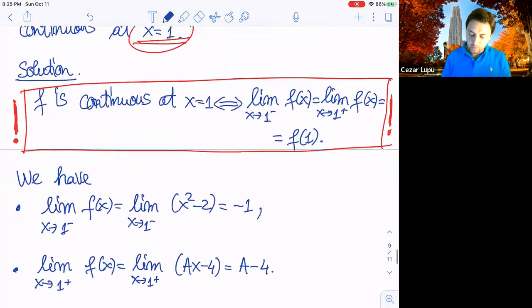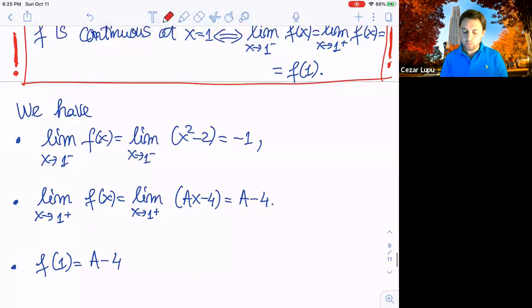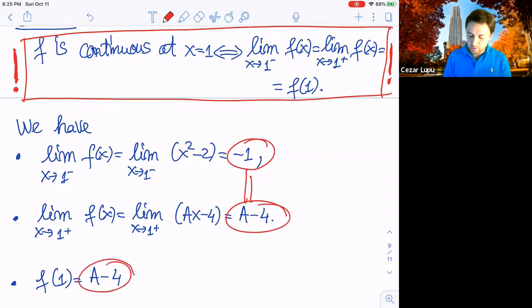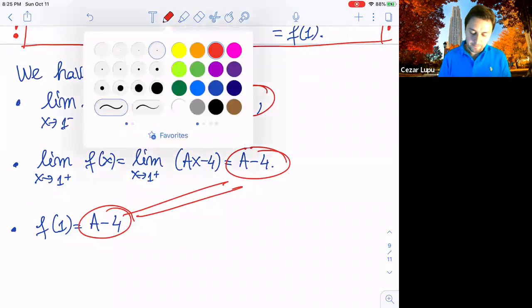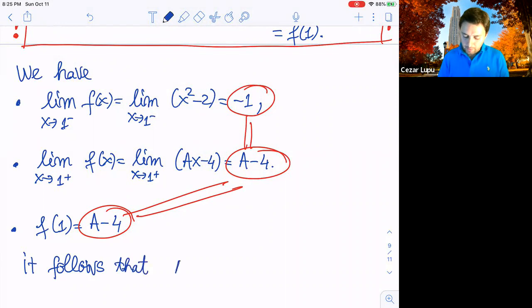We have the value of f of 1 is a minus 4. So these three quantities, according to what we previously said, must be the same. So this guy is the same as this guy. From here, one can deduce that a minus 4 is equal to -1.